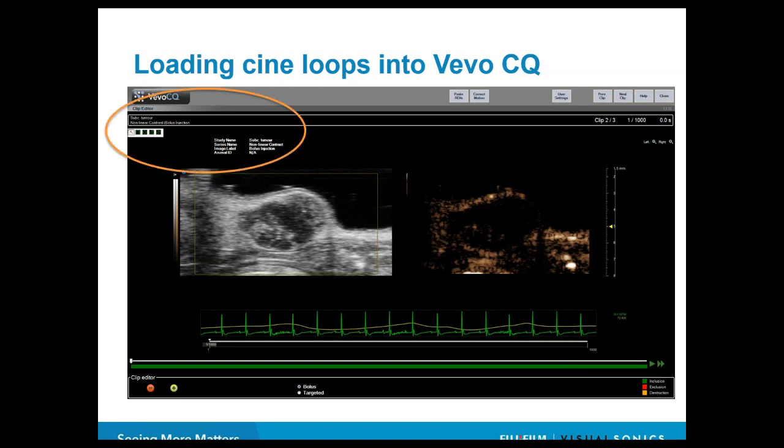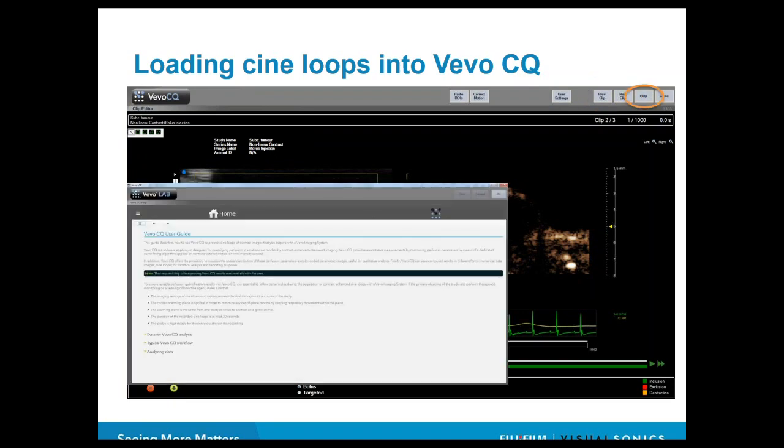You do have some information about the image that you entered here up on the left. And if you load several clips, you can jump between them using the previous and next clip buttons here. There's also a help function available that will take you to the VevoLab help, where you can read up on all the different models and the information that I just presented to you here.